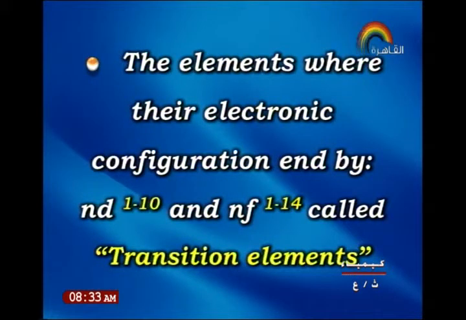My dear students, the elements whose electronic configuration ends by filling the D sublevel, where the D sublevel takes from 1 to 10 electrons, and the F sublevel filled by electrons from 1 electron till 14 electrons, are called transition elements.